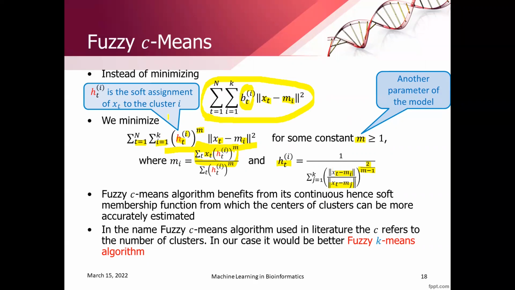Actually, the value k here is the c from the name of the algorithm. But if you look in the literature, you will usually see c-means, fuzzy c-means algorithm, not fuzzy k-means.